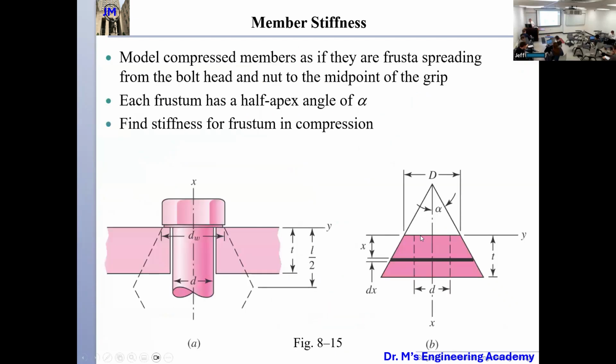So from here, this is the front view. If you look at the top view, this is my outer diameter, and here is a hole. Here is the diameter of the thread.